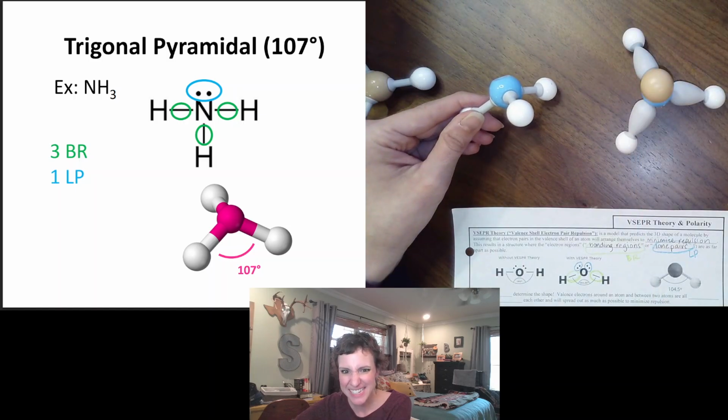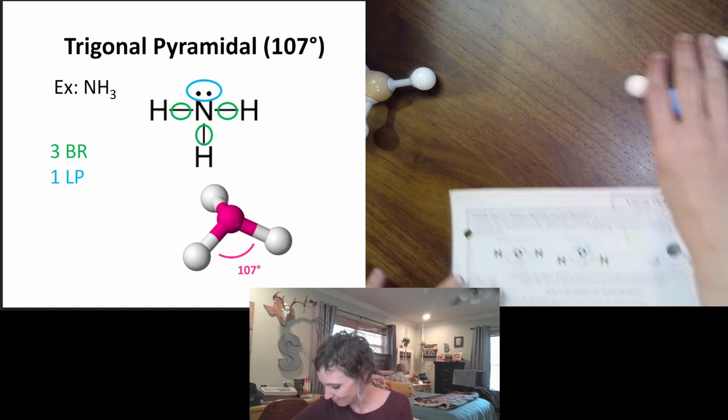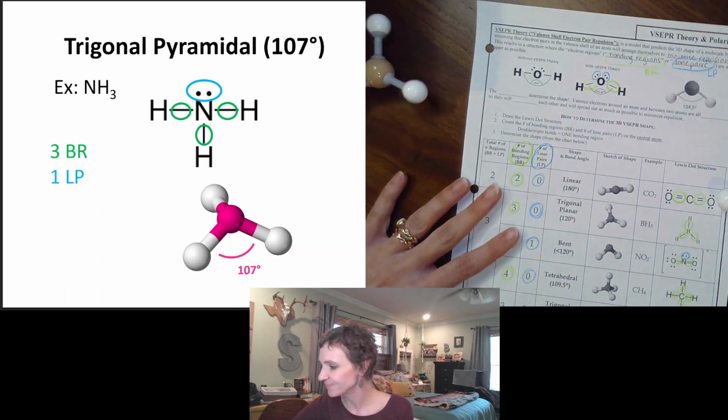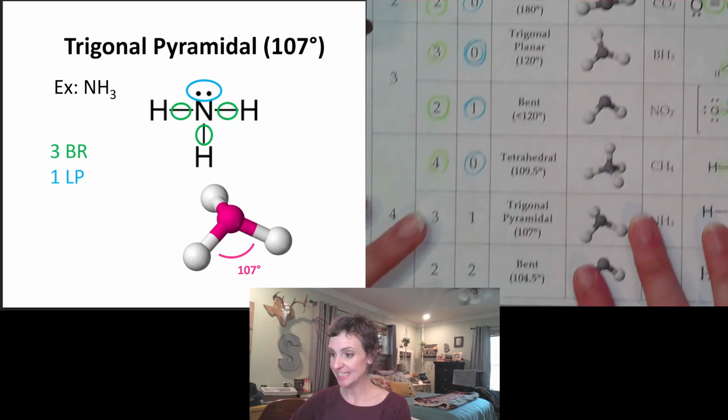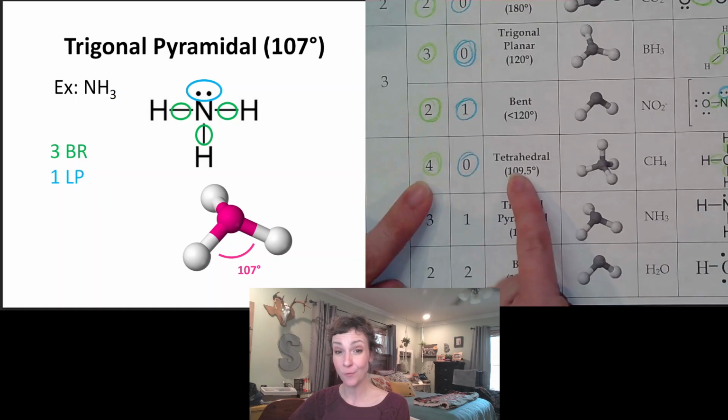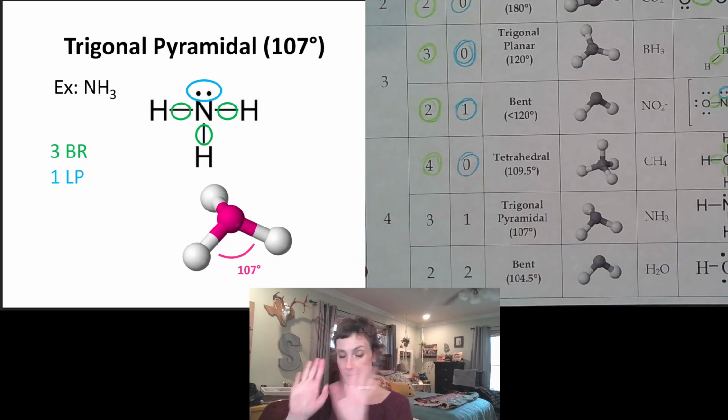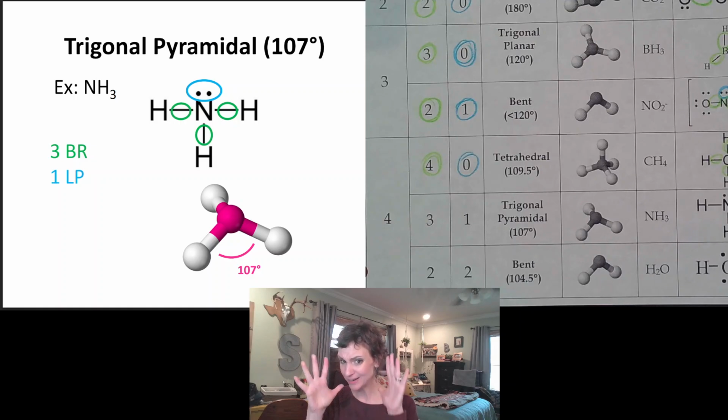Now, here's something interesting that I really love to look at. My bond angle changes slightly. We said when I was connected to truly four things and made four bonds, all those bonds were 109.5 degrees apart. Here, they're 107 degrees apart. That lone pair is making my bonds squeeze closer together.